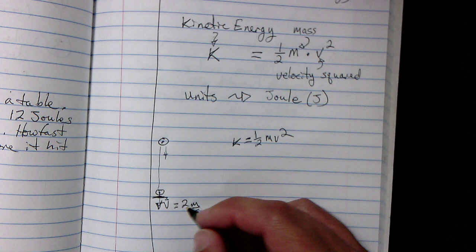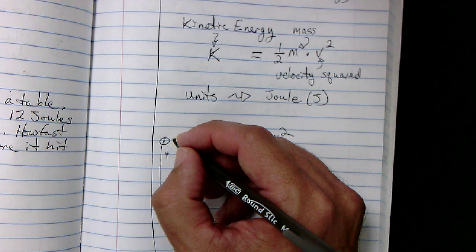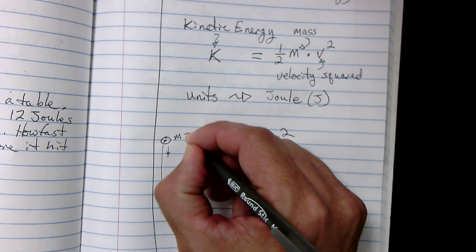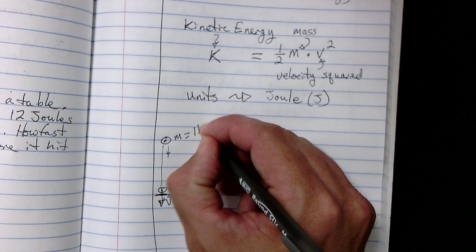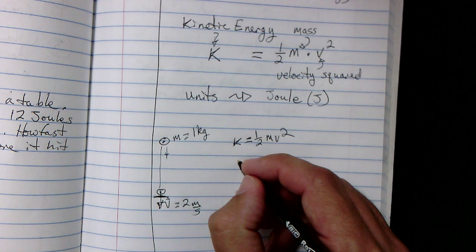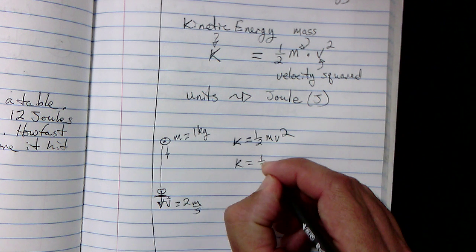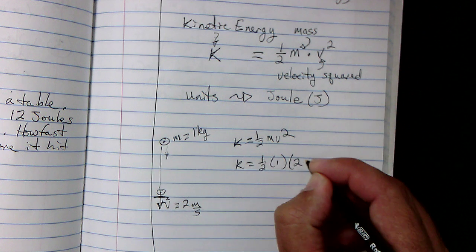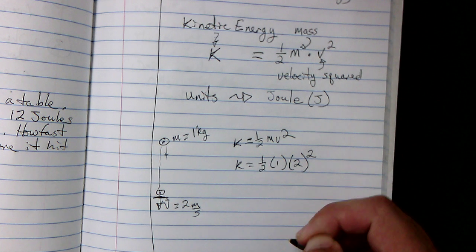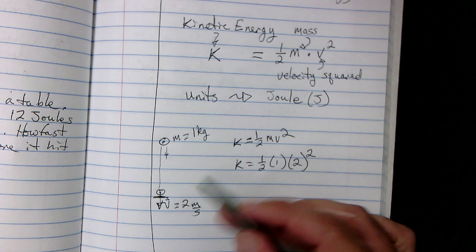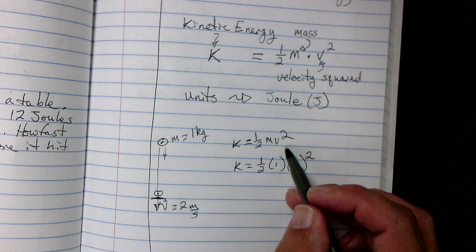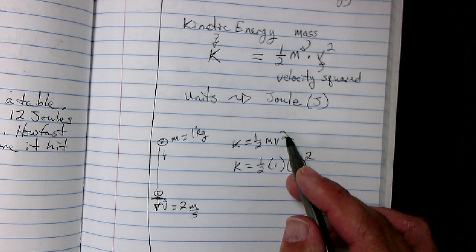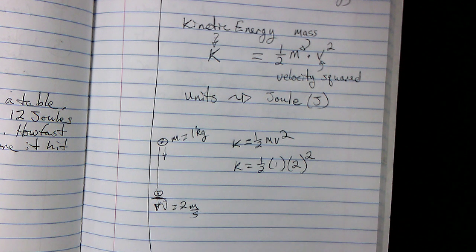So let's plug these numbers in. Let's say, for the sake of argument, that the mass of this object is 1 kilogram. So K equals 1/2 times 1 times 2 squared. Be sure that when you're plugging numbers in, you put parentheses in for the variable and then put any operations on the outside of those parentheses.